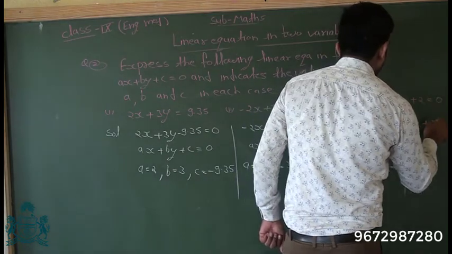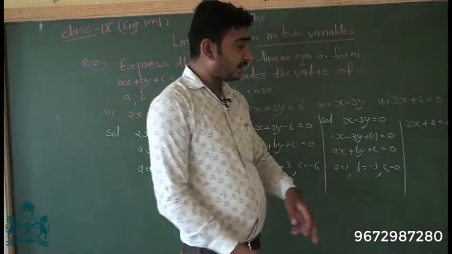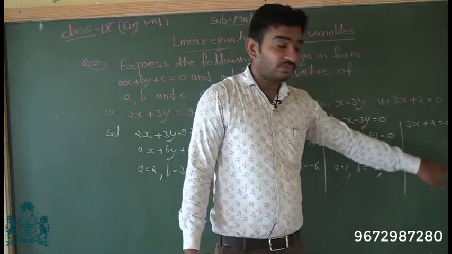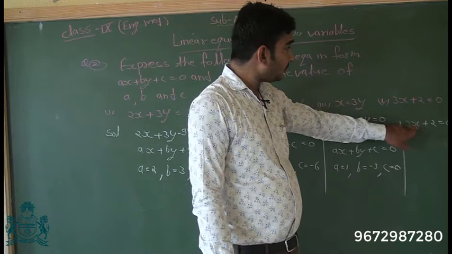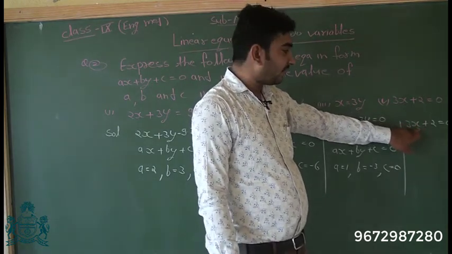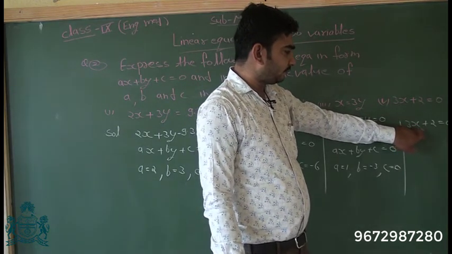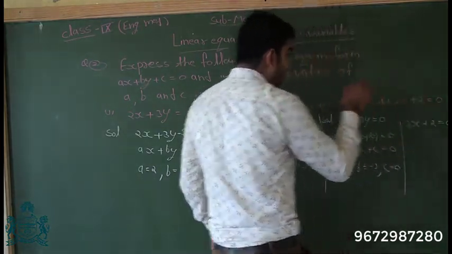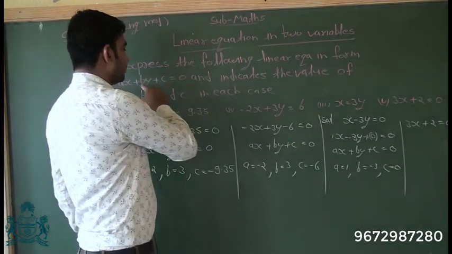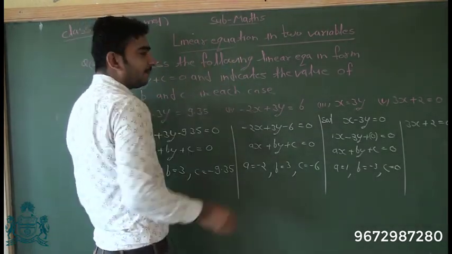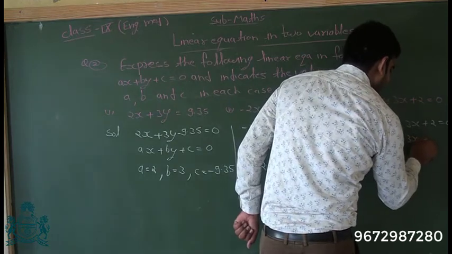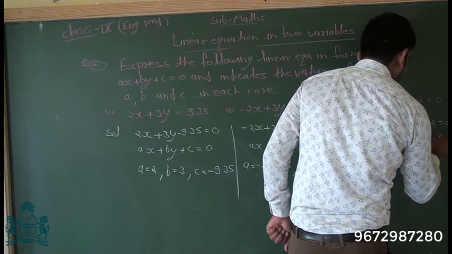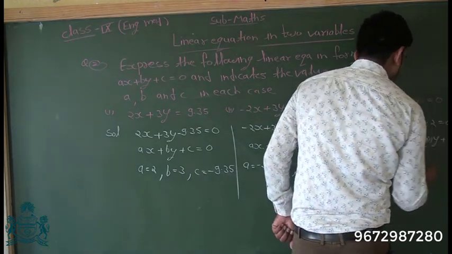3x plus 2 equal to 0. The given equation is a linear equation in one variable, x. Change the linear equation into the form ax plus by plus c: 3x plus 0y plus 2 equal to 0.